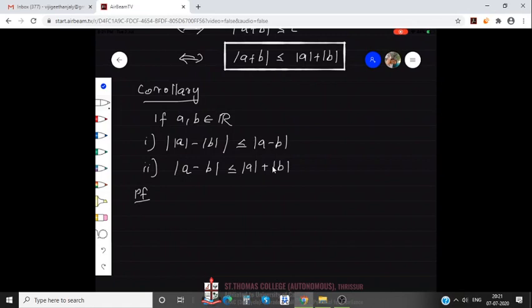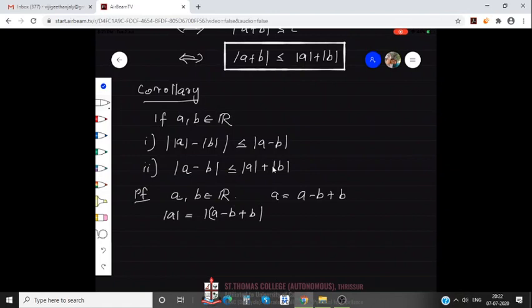Let's prove the first result. We are given that a and b are two real numbers. I'm writing a as a minus b plus b. So the absolute value of a is the same as the absolute value of a minus b plus b.